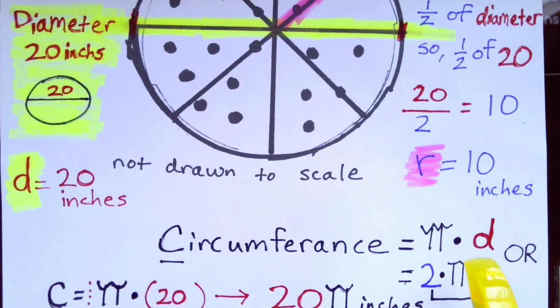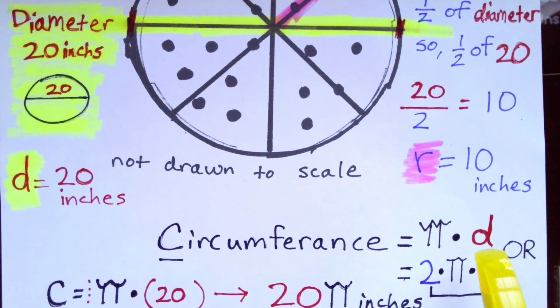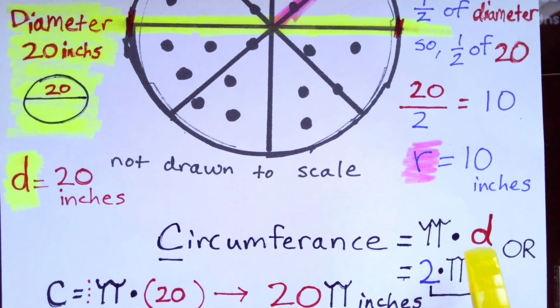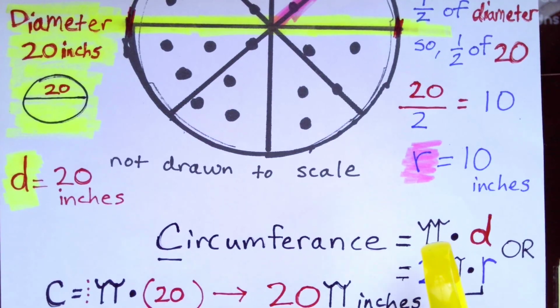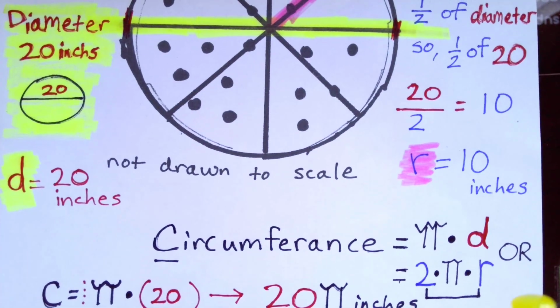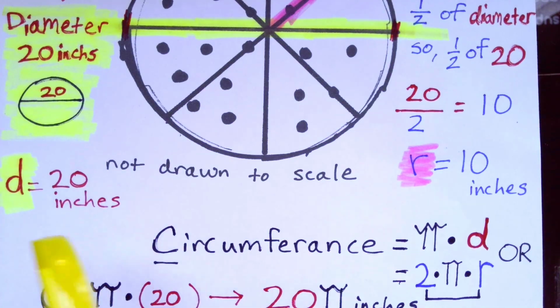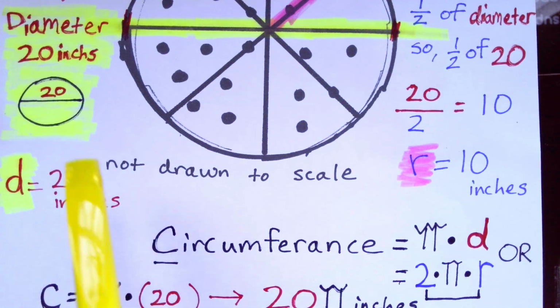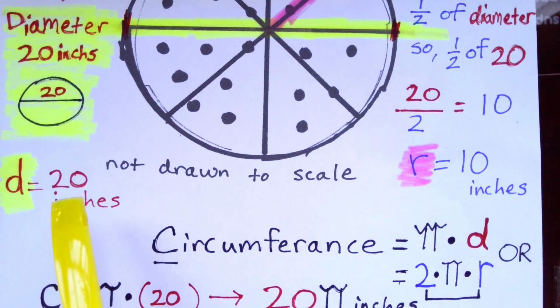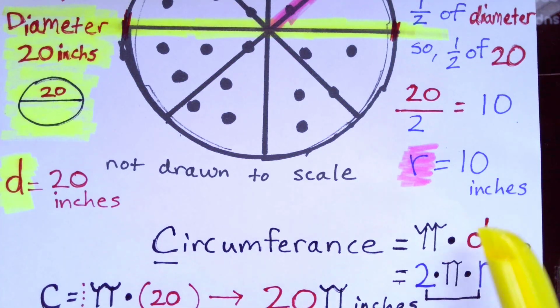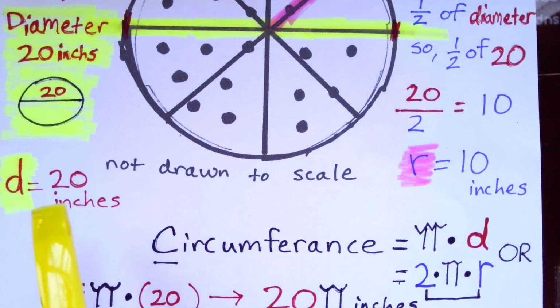Now, the formula I'm going to use is pi times the diameter. Ask yourself, why would I want to use this particular formula? Well, to answer that question, in the question, they gave me the diameter of 20. So I'll substitute 20 for D, because that was given to me in the actual problem, right?